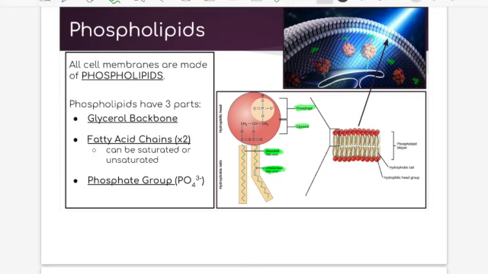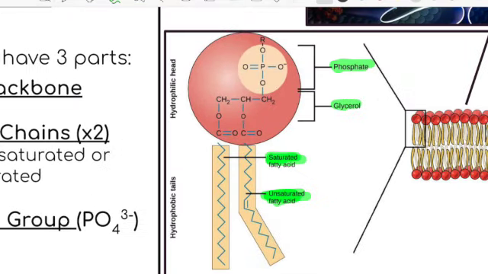And remember that the phosphate is very polar, and we've got lots of oxygen in this molecule here. So we've got oxygen, oxygen, oxygen, oxygen, oxygen, oxygen, oxygen, oxygen. All of those oxygens are very polar, so they're going to pull electrons.